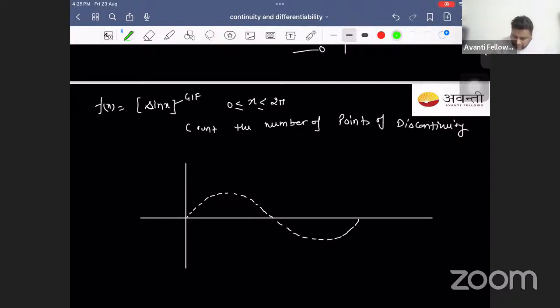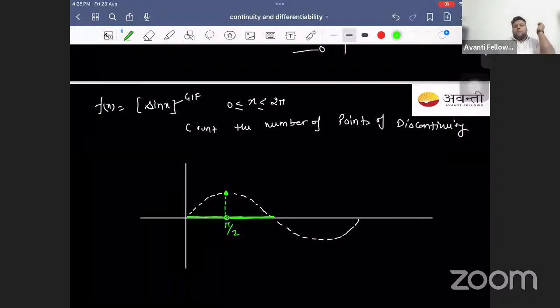Like see, exactly at pi by 2, the value of sin x is 1, so its greatest integer will also be 1. But in the neighborhood of pi by 2, on the left side or right side, the value of sin x is less than 1, so the greatest integer will become 0. Am I correct?